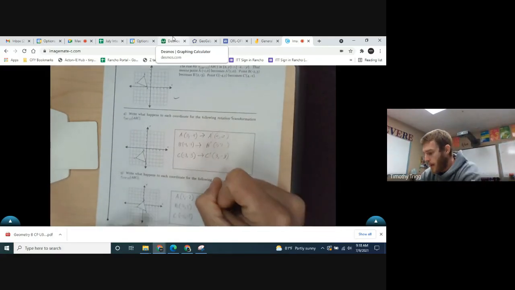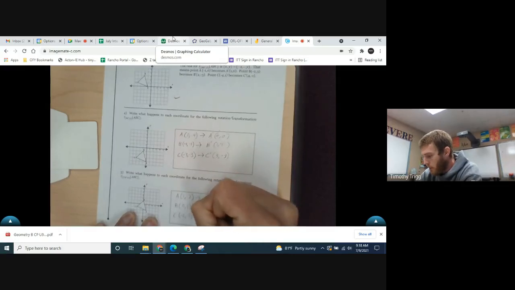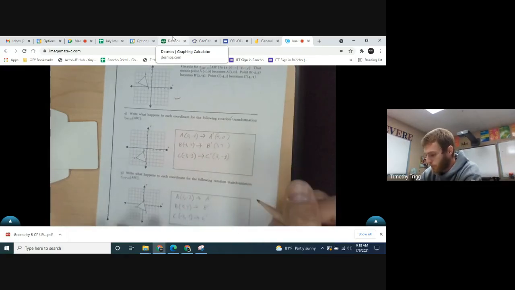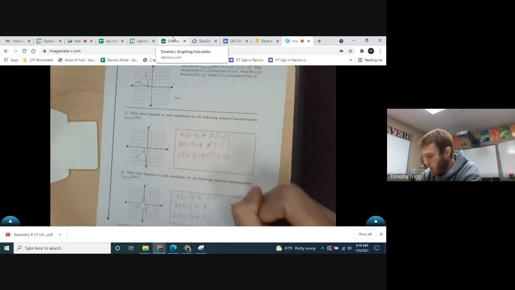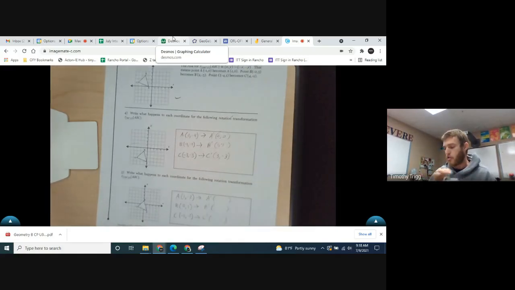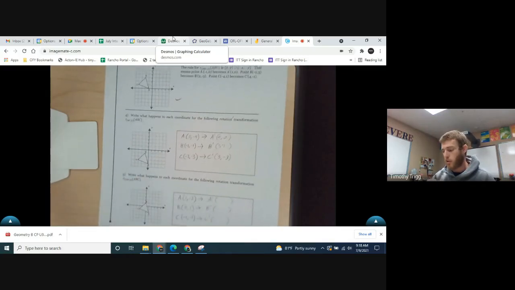We're going to get an A prime, a B prime, and a C prime. We want to know what those coordinates are for each of these image points. Notice it tells you over here what the degrees of rotation is going to be. It says it's rotated 270 degrees around the origin. Again, around the origin means 0, 0.